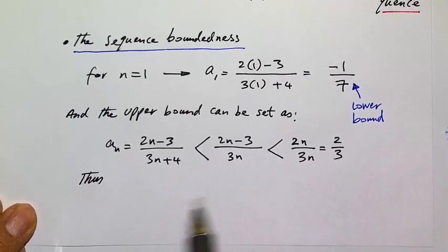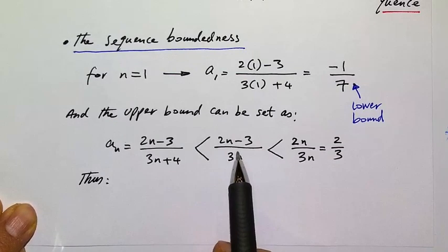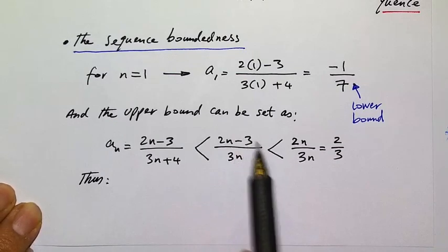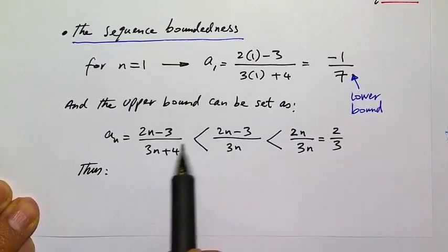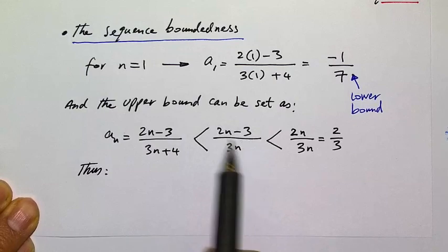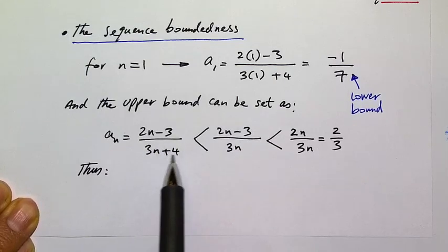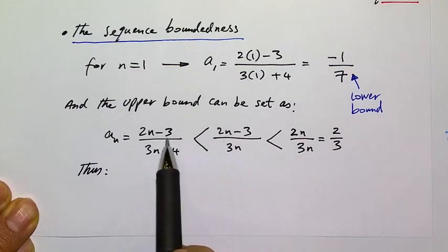But so according to that, let me explain, because I don't know if my page was on the screen. So in this transition, this is the original sequence. We know that this quantity has to be larger than this because we took away the 4 from the denominator. So we made the denominator smaller, but the numerator stayed the same.